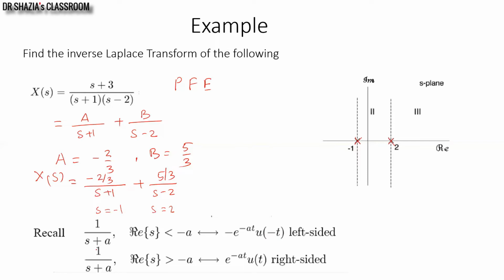For the same 1 by (s plus a), if the ROC is greater than minus a, then the signal will be a right-hand signal, and it will be written as e to the power minus at u of t. So I can consider these signals, either a left-hand signal, a right-hand signal, or a combination. Based on that we will generate our x of t back.